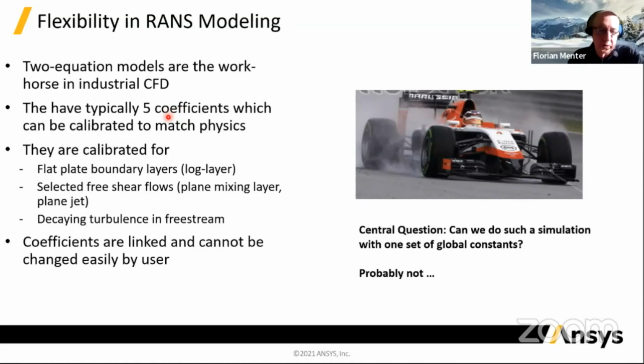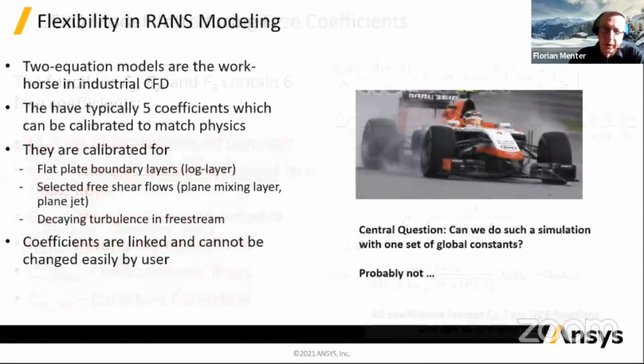If you change one of these coefficients, there's a big danger that you destroy the calibration of the model. So there is very little to no flexibility in these classical two equation models. And the question is, can we, in the long run, capture these very complex flows we have to deal with using these somewhat simplistic models, which have no flexibility in themselves?